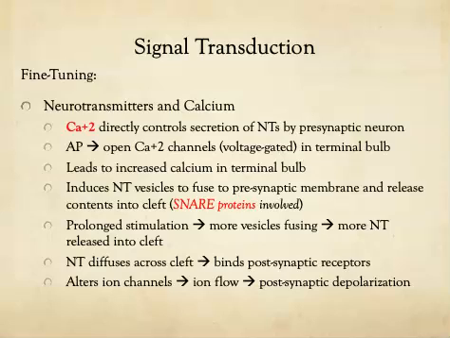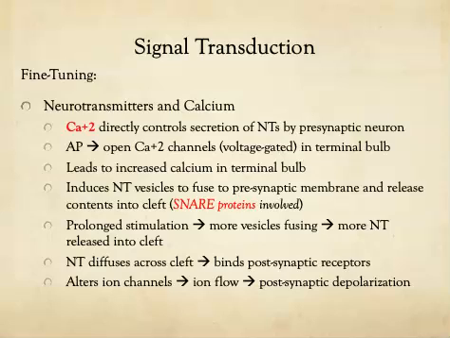Remember too that we said that neurotransmitters have to be kept under very tight control by the cell because they are so powerful. And part of the way that the cell controls neurotransmitters is by controlling their release. And that is done with calcium.